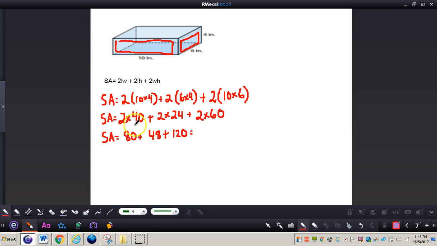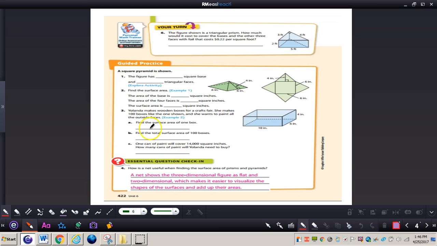Now we add everything together. 80 plus 48 is 128, plus 120 is 248 inches squared. So for number 3, find the surface area of one box, 248 inches squared. Let's write that out.